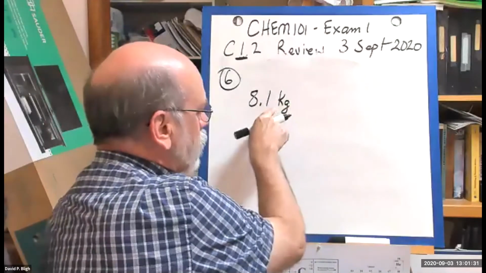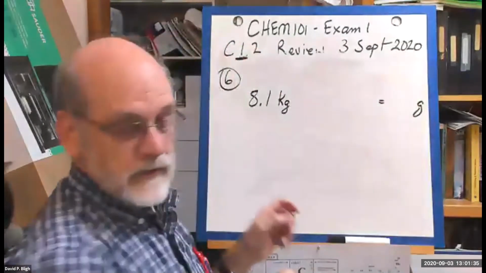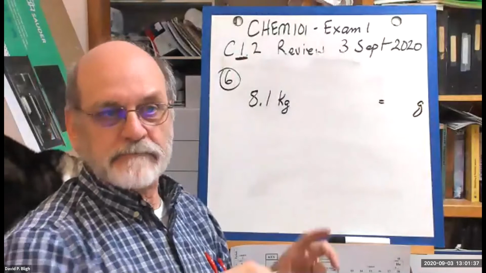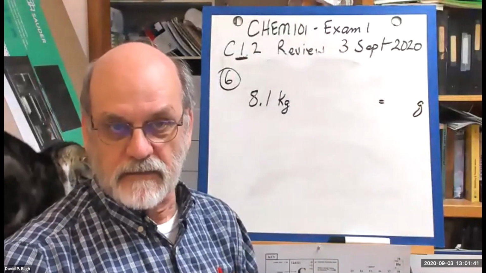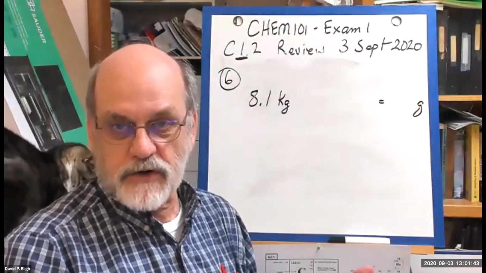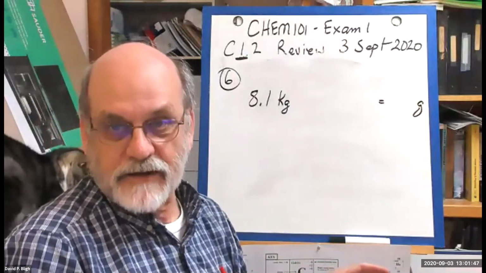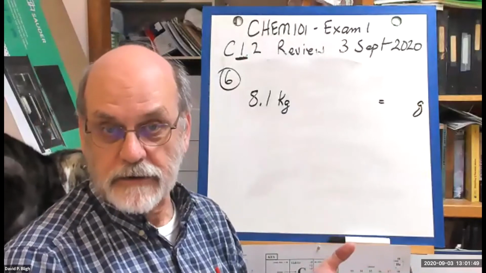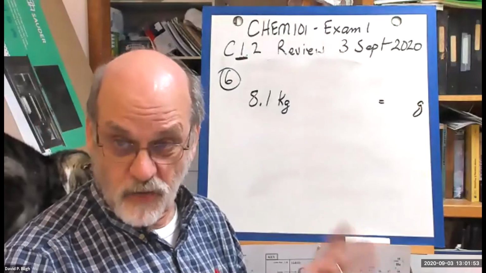How many grams does that represent? So we need to go from here to grams. What do you need? You need a conversion factor. I talked about conversion factors in the lecture. I told you what a conversion factor was and how it is derived.